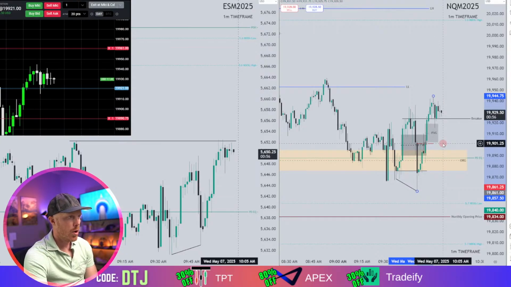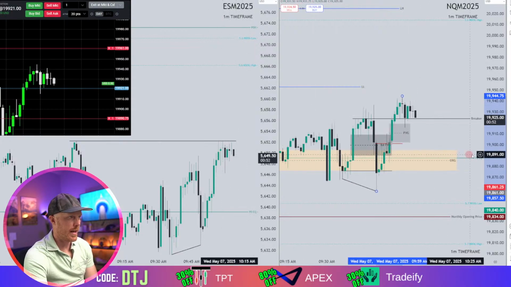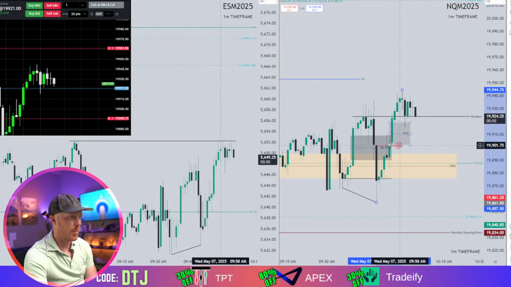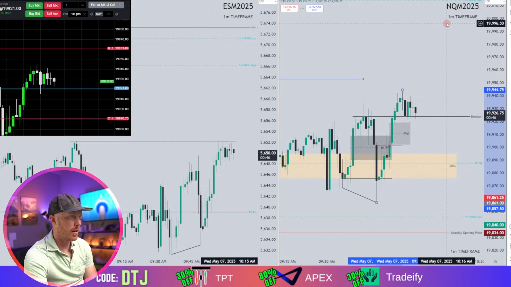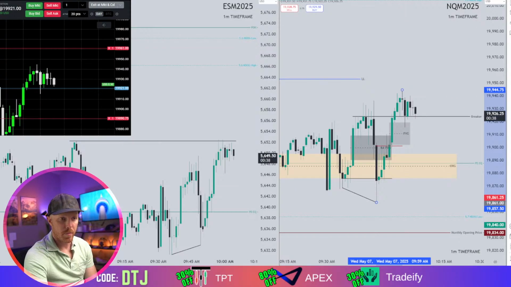My hope is that we only tag the equilibrium of this small range right here, and then move higher. But I really don't want to see it drop anymore. Personally, I don't like seeing that.